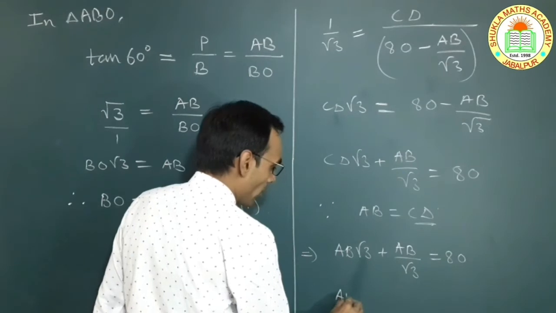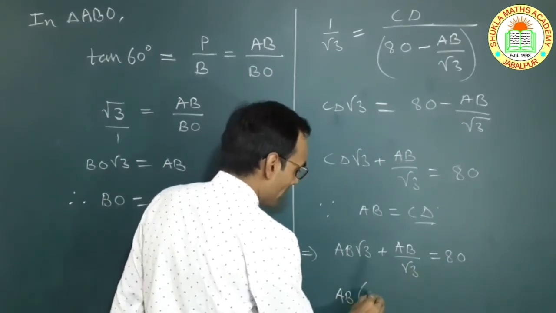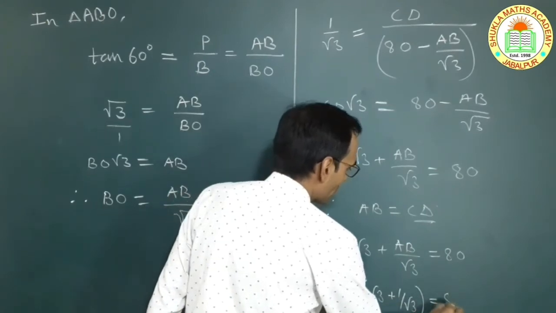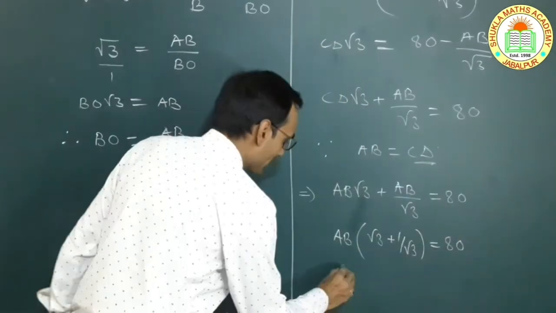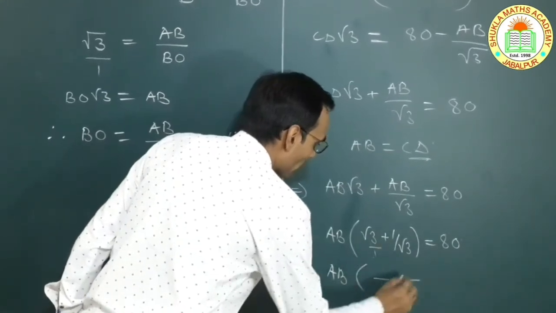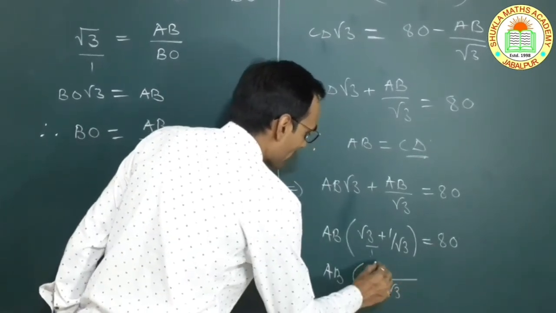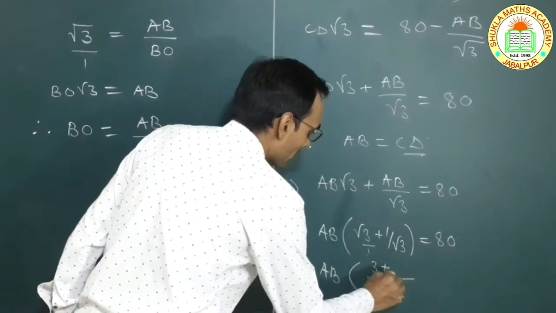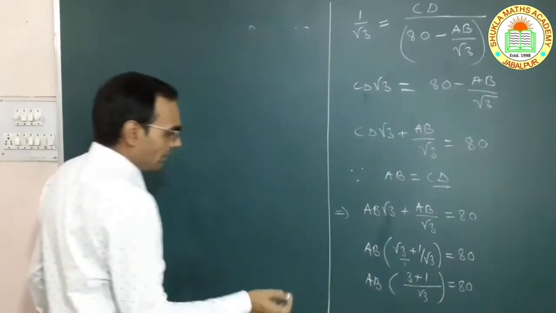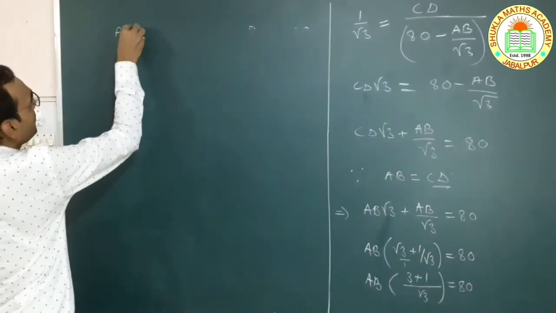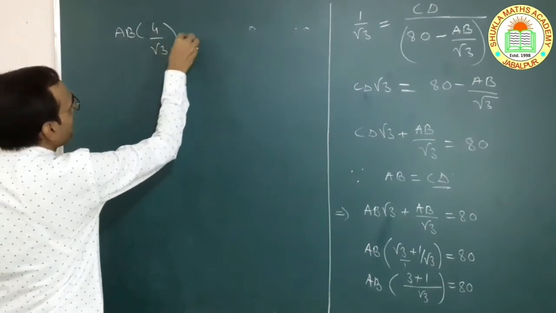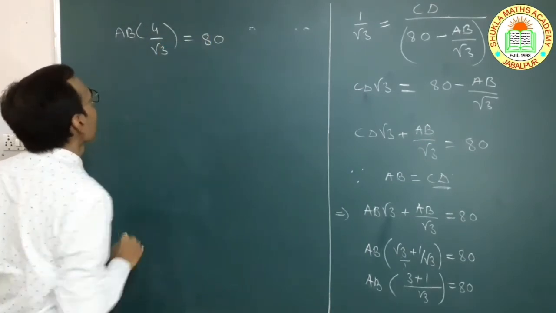Take AB as common from both the terms. We get AB times root 3 plus 1 by root 3 equal to 80. On simplification, AB as it is, take the LCM of 1 and root 3, that is root 3. So it is root 3 into root 3, 3, plus 1 equal to 80. This becomes AB into 3 plus 1, 4 by root 3 equal to 80.